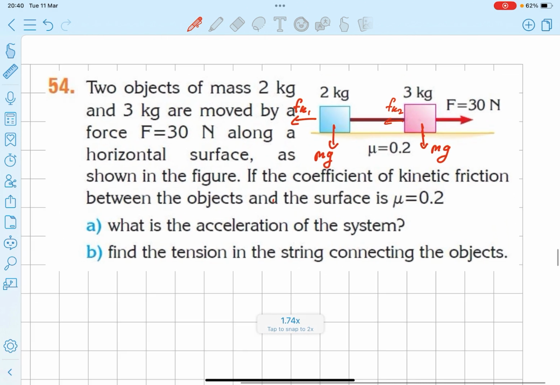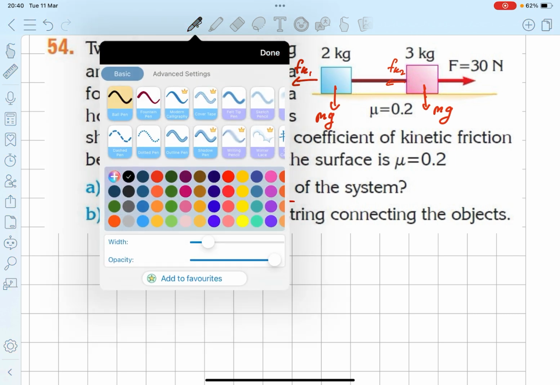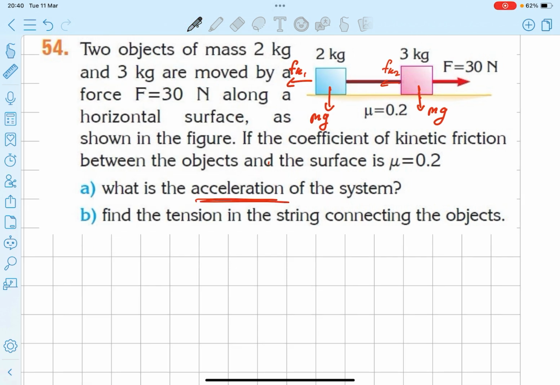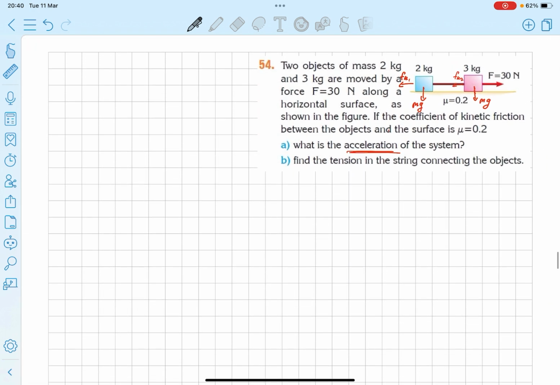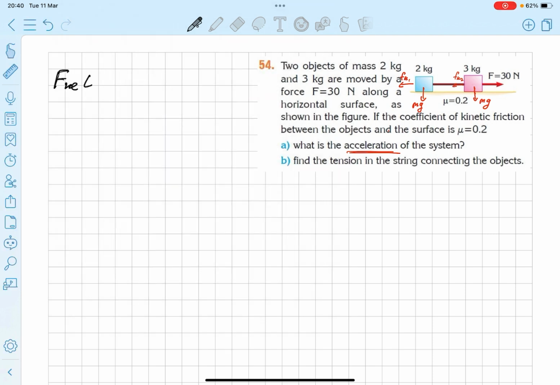So the next step, what do we do? In order to define the acceleration, we have to first define F net. F net will be equal to external force minus force of kinetic friction 1 minus force of kinetic friction 2. Here I will replace them with the formula.